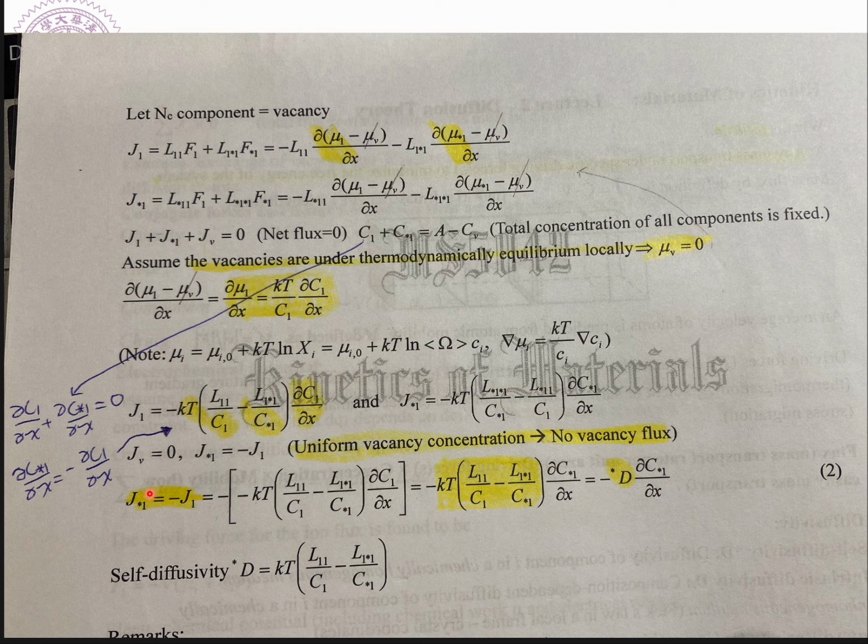So as long as I can substitute this term in the partial of concentration star 1 with respect to x, the rest of the part belongs to D star, right? This is the whole idea of these derivations.